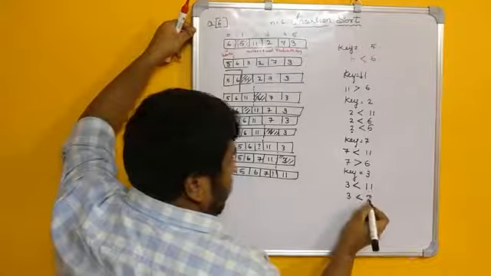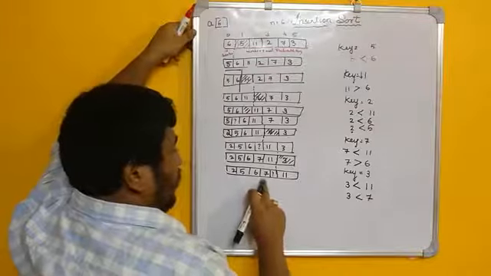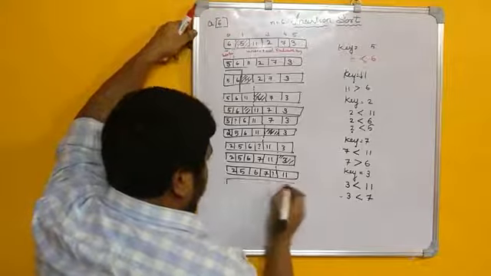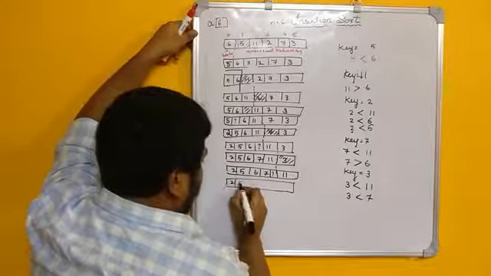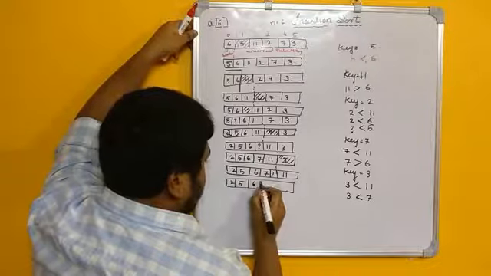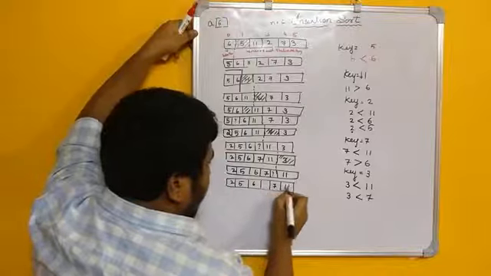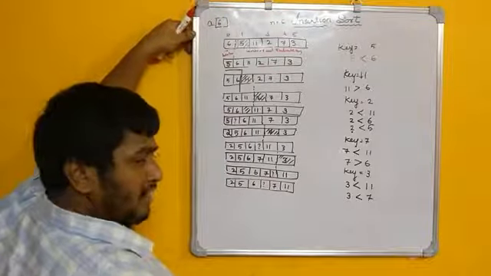So key element is smaller here. So what we have to do? Again we have to shift the element from the sorted subarray to the blank space. So now our array will be 2, 5, 6, 7 will be shifted to blank place, 7 and 11. This is now the place where 7 was there in the last step. That will be our blank space.